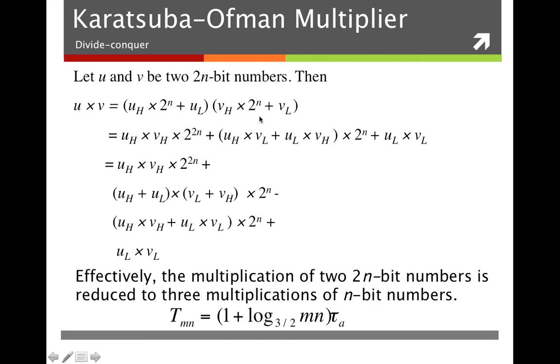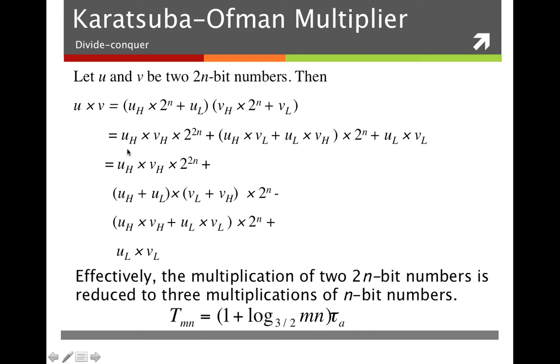Now, when you multiply these two numbers, what you get to see is that you get basically 1, 2, 3, and 4 products, each of which will be half the size of the original multiplication, because these are half size, like UH is an n-bit number as opposed to 2n-bit numbers.